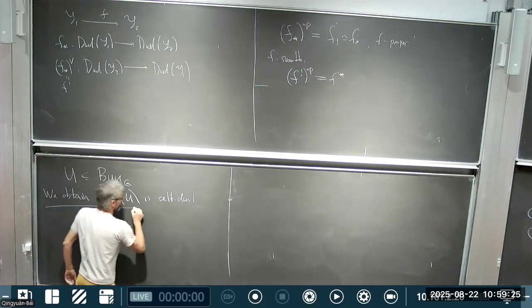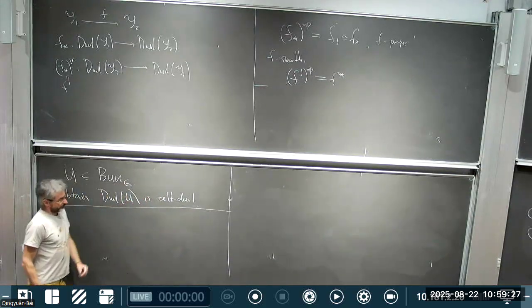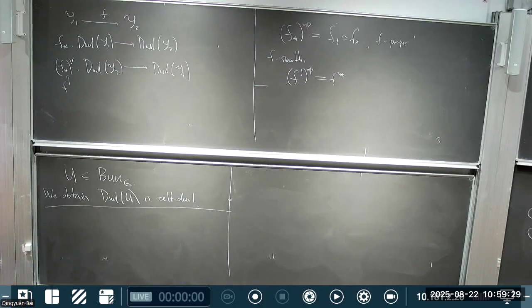So what I want to do now, I want to show that the subcategory of Hecke eigen D-modules is self-dual, and I'll take U to be this open subset that appeared in Just's talk. It's large enough open such that every Hecke eigensheaf is a star extension from there.